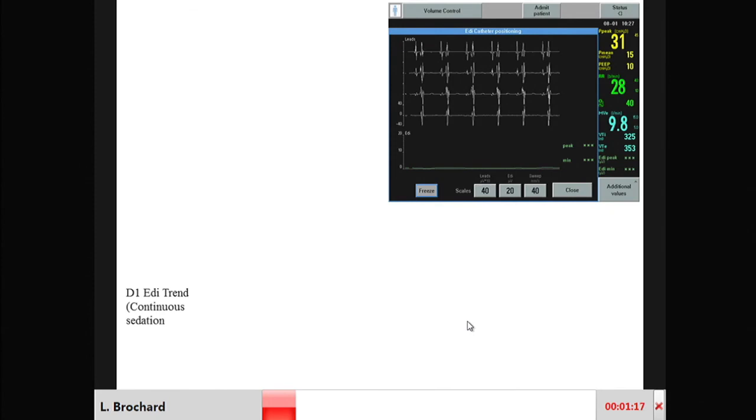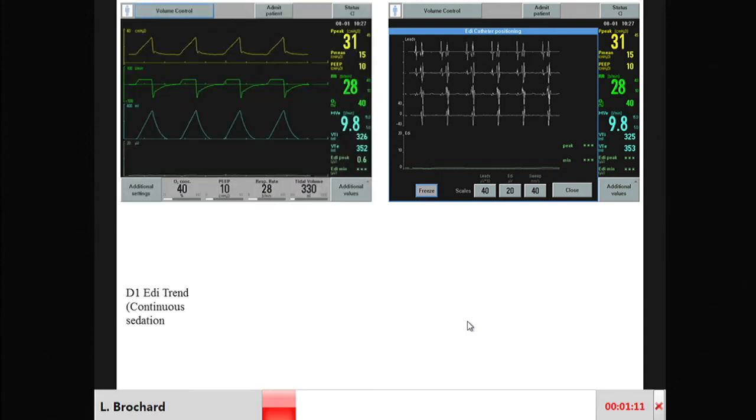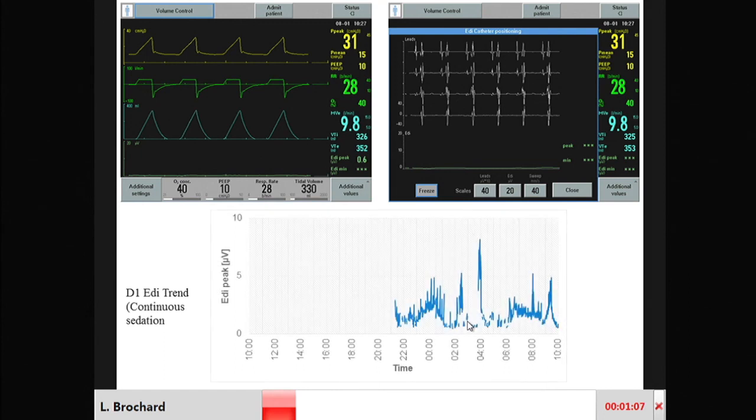So this is an example, the patient at day 1, this is a placement of the esophageal catheter. You see no diaphragm activity, and the patient has no EDI. This is the trend over the first 24 hours. You see no activity or very, very low activity, below 5 microvolt, for instance. It never reaches 5 microvolt, which would be the minimal level of respiratory muscle activity.